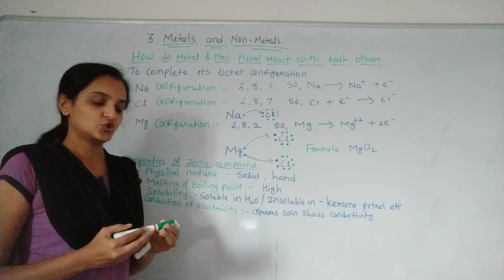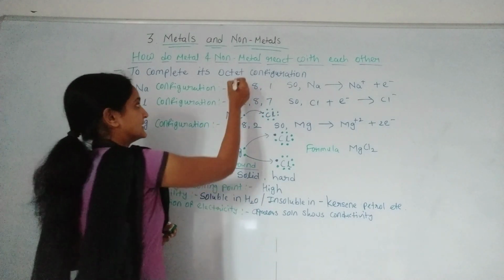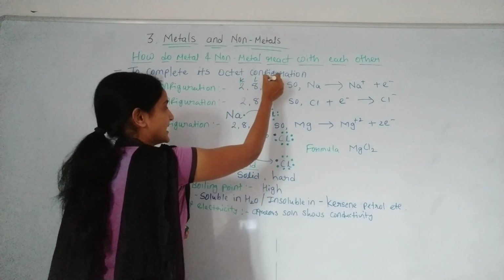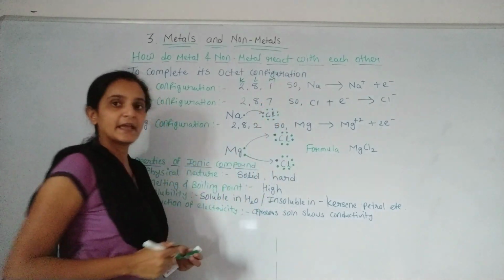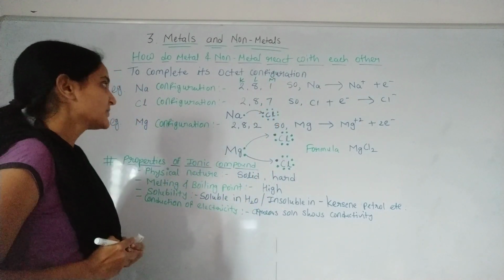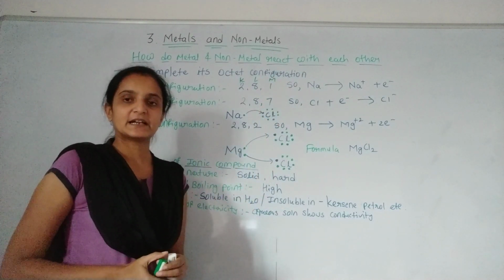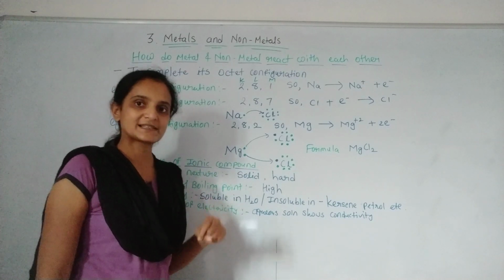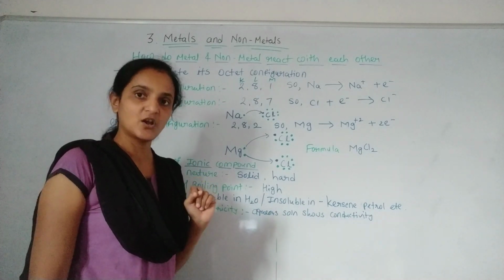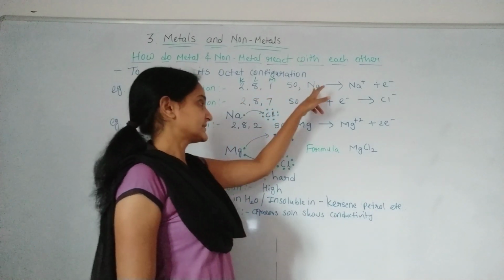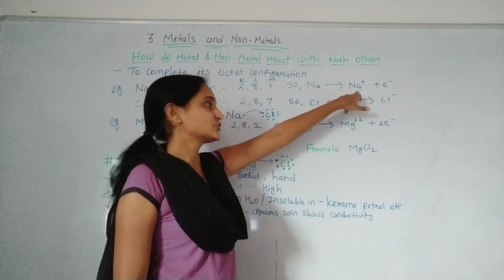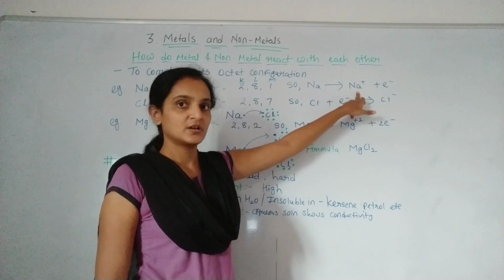It means 2 electrons are in the K shell, 8 electrons in the L shell, and 1 electron in the M shell. As it contains 1 electron in its outermost orbital, obviously it will donate that 1 electron. So here you can see sodium donating 1 electron and gaining a positive charge, right?